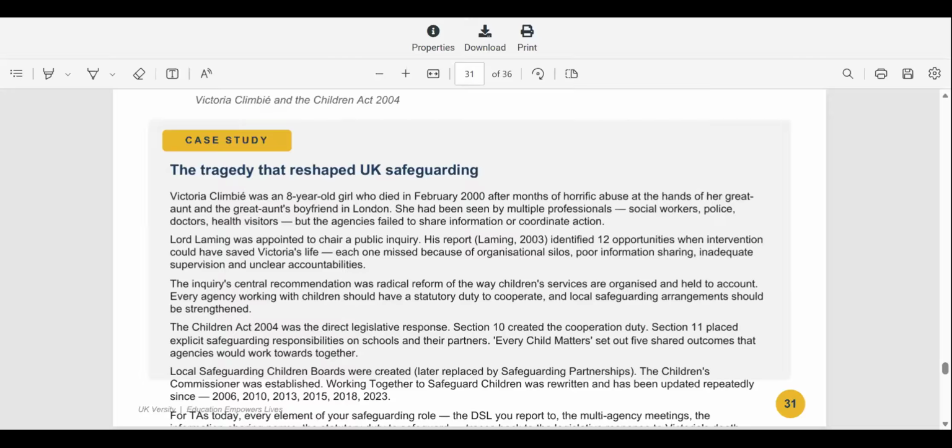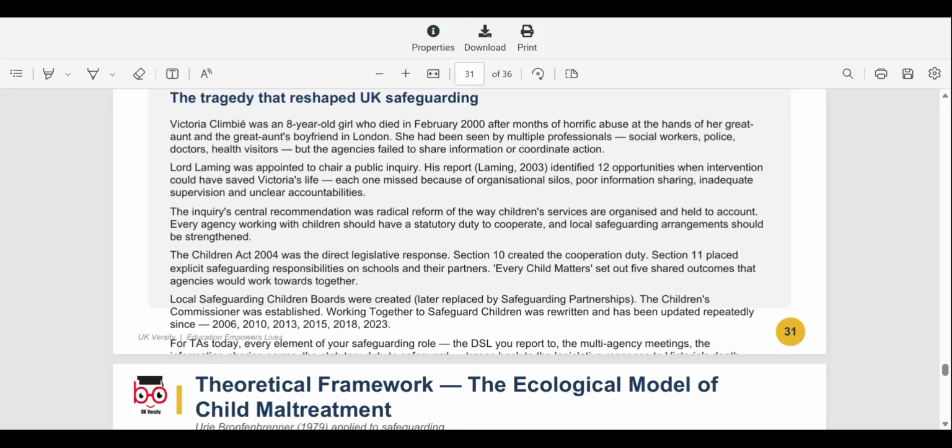There were recommendations made because there were key failures in the Victoria Climbié case. Agencies kept separate files and did not share vital danger signs. It was a really sad case study, and really sad how things went wrong. There was no clear lead when it came to her, so there was no one who kept track of her safety.